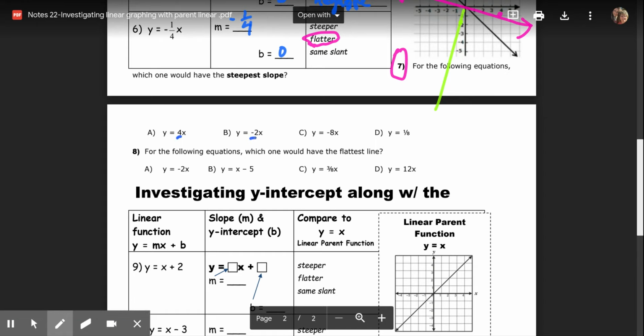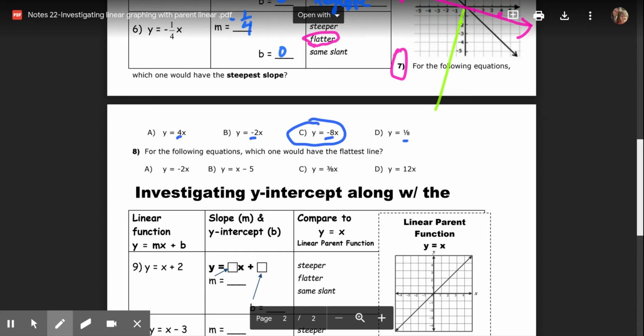This one, it's a -2, but it's 2 units from 0. This one, it's negative, but still it's 8 units from 0. And then this one is just y is equal to 1/8. It doesn't even have an x with it. So that would be a horizontal line just barely above 0. So it is going to be letter C.